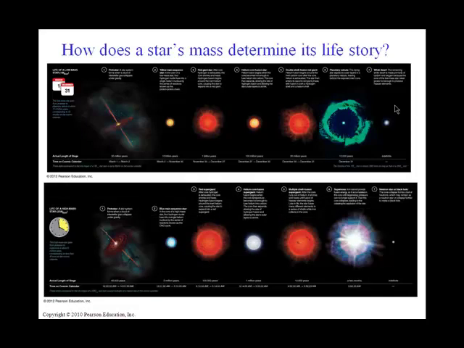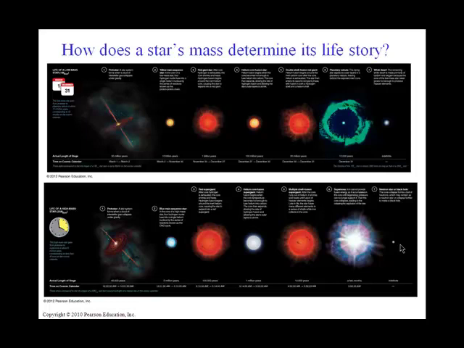But if the star is more massive, generally more than 8 solar masses, then it's going to end its life differently. So those last two little figures on this lower image here, this is the supernova explosion, and then this little dot right here, the little core, what's left over after a star goes supernova is either a neutron star or a black hole.